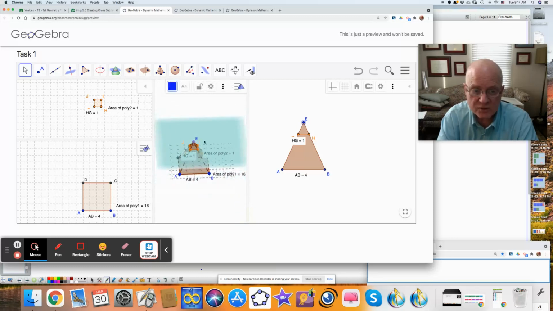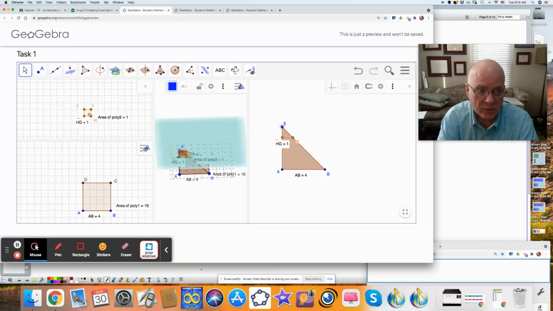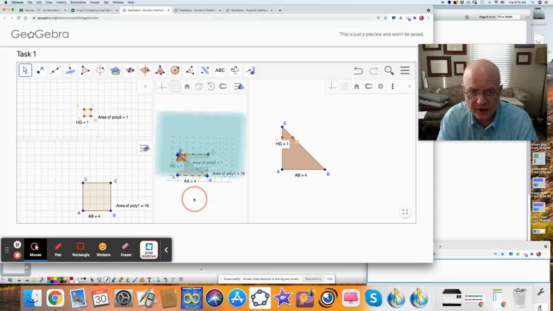We had to move this point E. You can click on it and move it up and down, or sideways, and we want to move it right over the A. When I do that, this is going to be over one of the blocks. Now look, this polygon has an area of 1. My HG is the length of 1, and that's where this is in the plane, the scale factor. This is the length of 4.